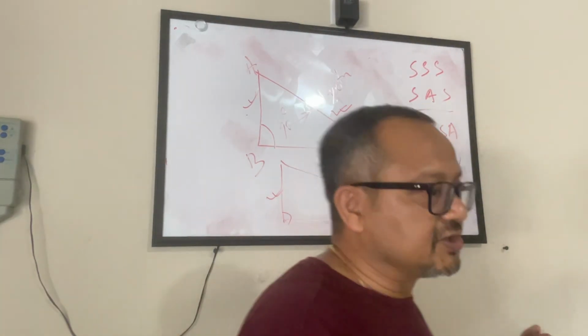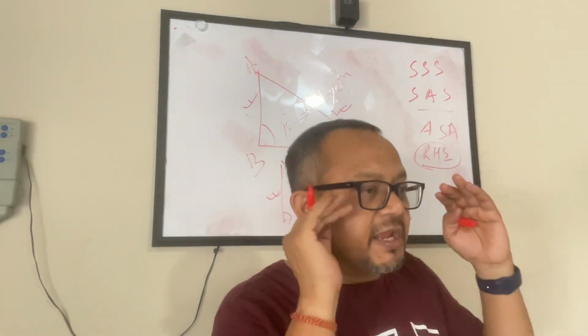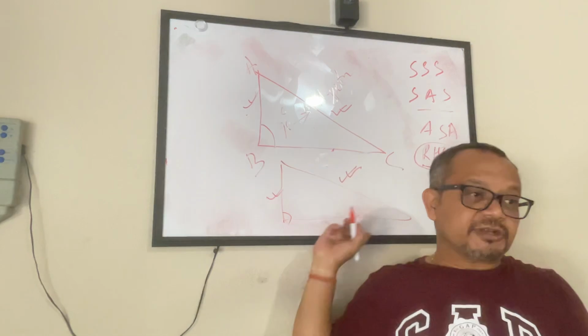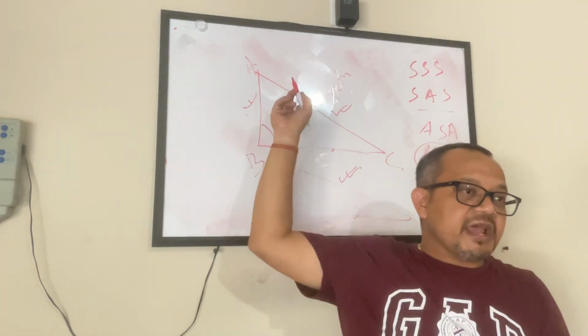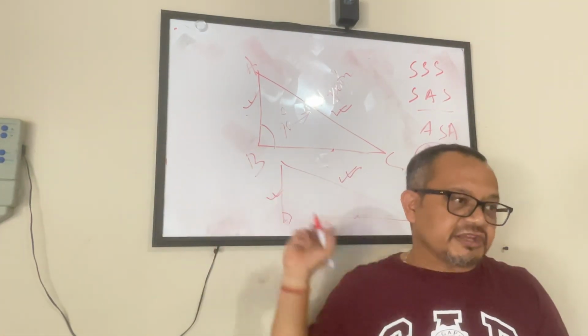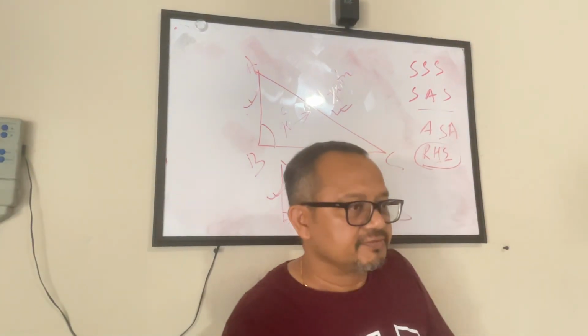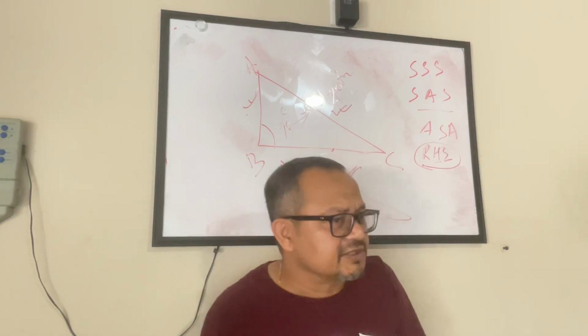So if I repeat this theorem, in case of a right angle triangle, if you have the hypotenuse of the same size and any one of the sides matches, then your triangles are congruent. Do you think this theorem is correct?